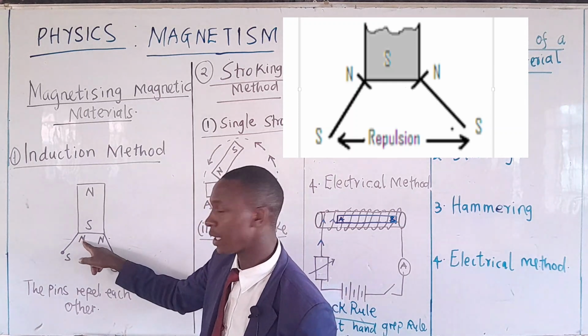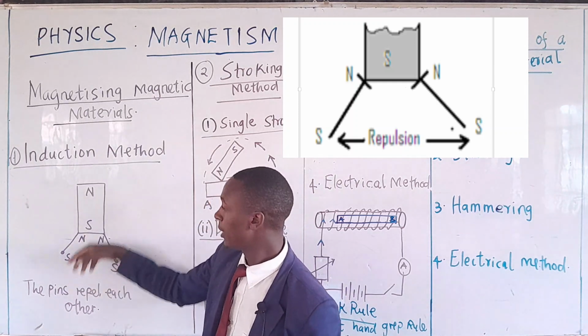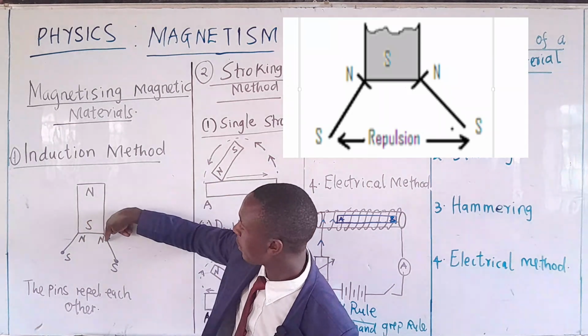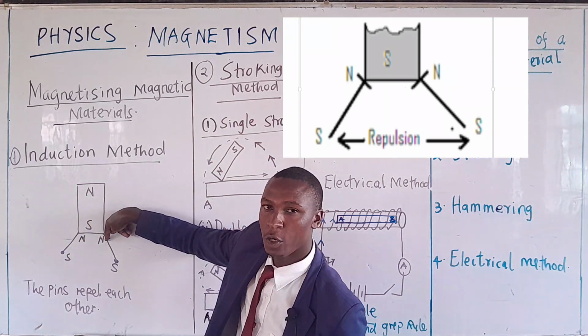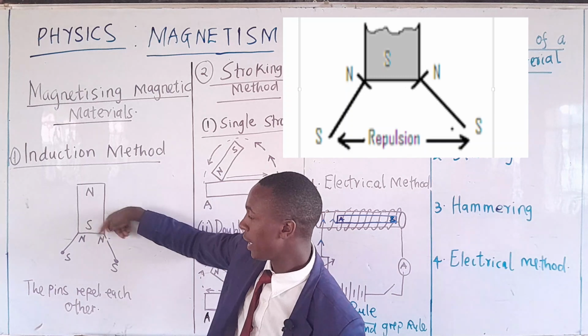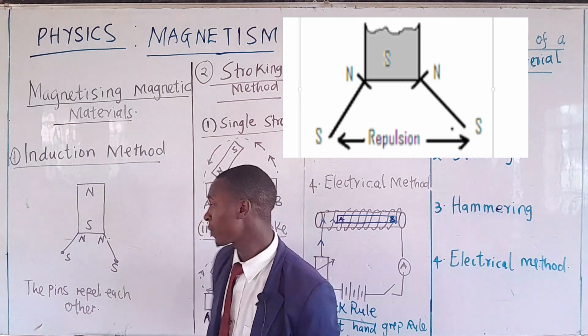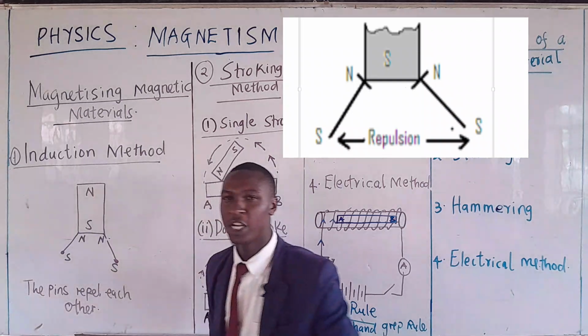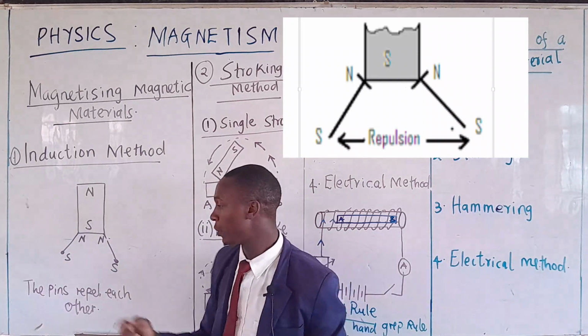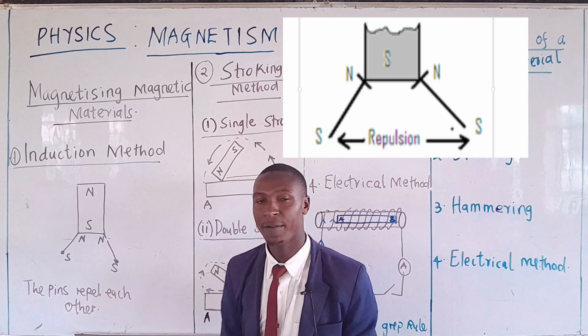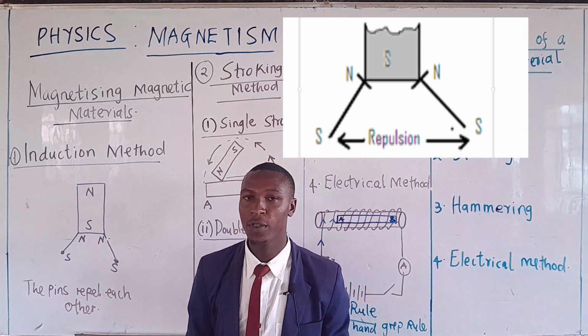So the pin acquires the opposite polarity, which is north, and the other side of the pin is going to be a south. If you bring the pins closer together, they are going to repel because the ends of the pins have the same polarities, that is a south and a south.